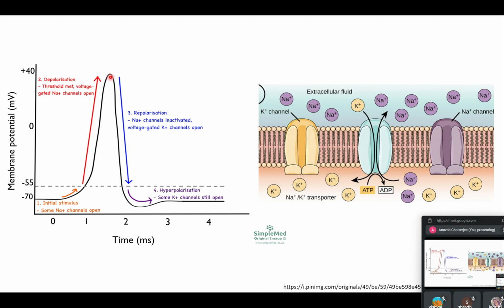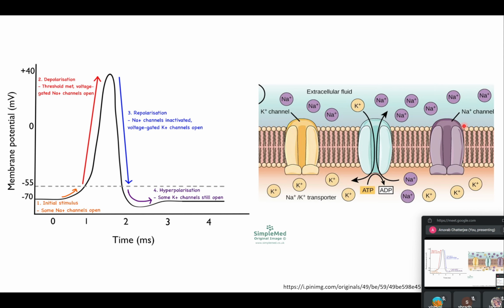So this is the membrane potential versus time graph that occurs during the action potential of a neuron. So we'll be understanding this via three different channels that are present on our neuronal membrane. The channels are a potassium channel, a sodium potassium pump, and a sodium channel.